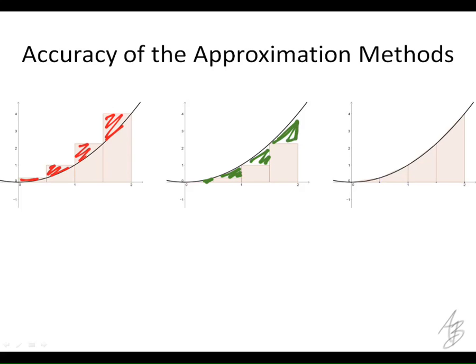And with the trapezoid approximation method, those extra pieces and those gaps tend to be a lot smaller. They're still there. It's not immediately obvious, but we do have a little extra area there, and a little extra area there, and a little extra area there. So looking at the picture, we can see that we have a slight over approximation. We know the answer is going to be a little bit less than 2.75, but it's a lot closer than it was before.